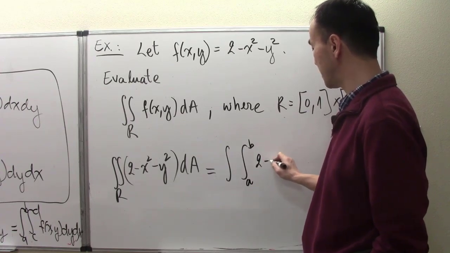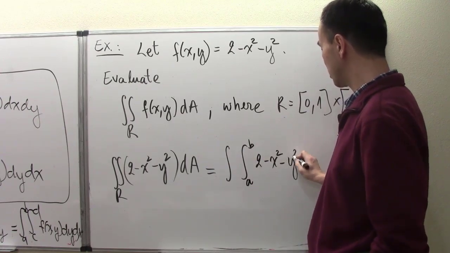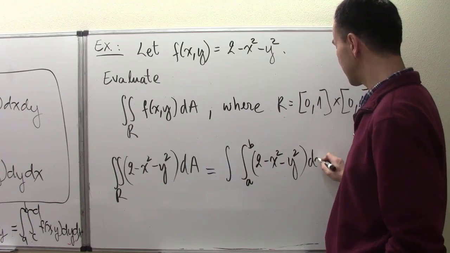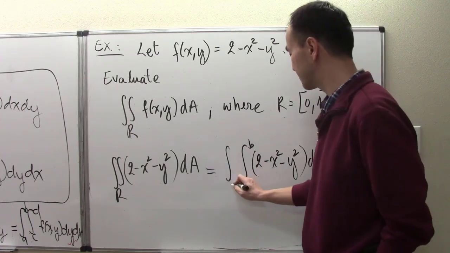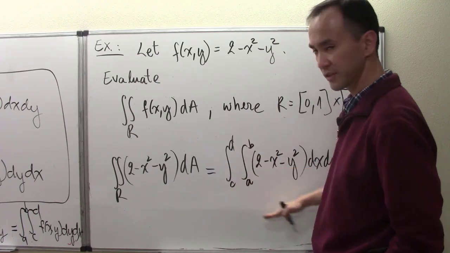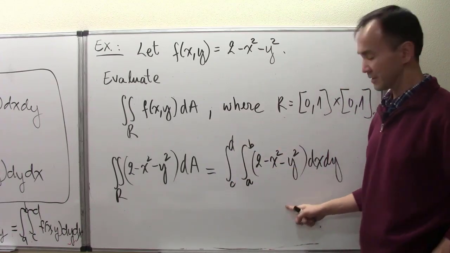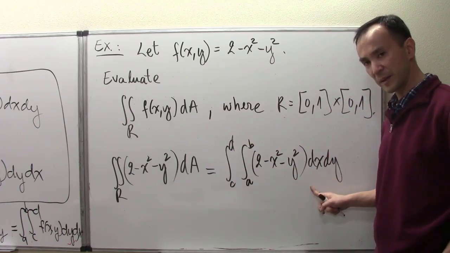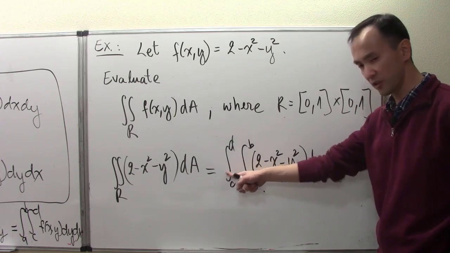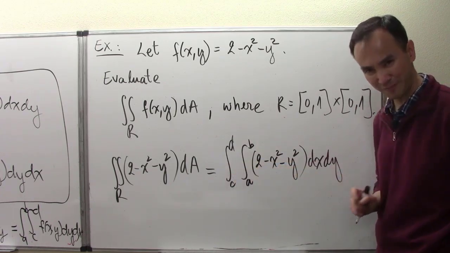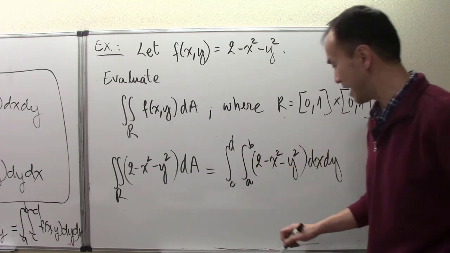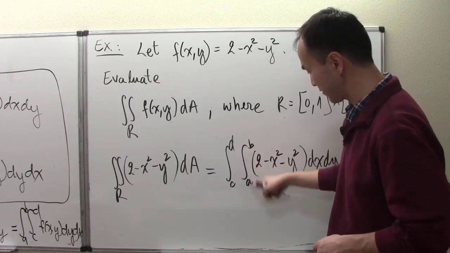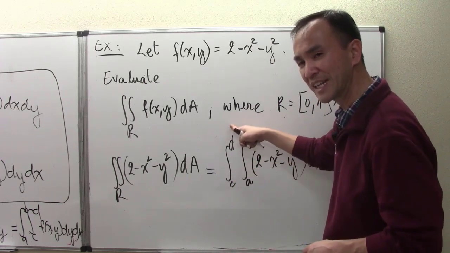So now it's 2 minus x squared minus y squared dx dy, and then c to d. So this is an iterated integral, integrating with respect to x first, and then integrating with respect to y after. That's how we're doing it. And so now the formal work. And by the way, I should have used 0 to 1 and the other 0 to 1.